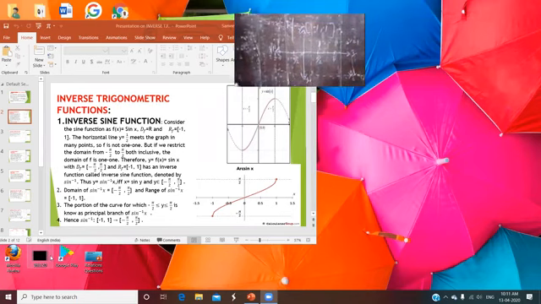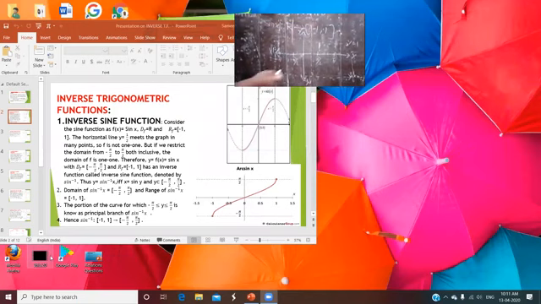Now take its values on the graph. For x equal to 0, sine is 0, so you have this point. For pi by 2 you have 1, so mark 1 here. For pi again you have 0, for minus pi by 2 you have minus 1, and for minus pi you have again 0.